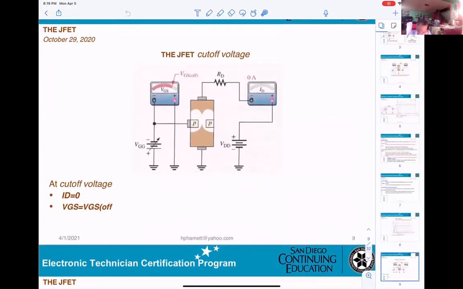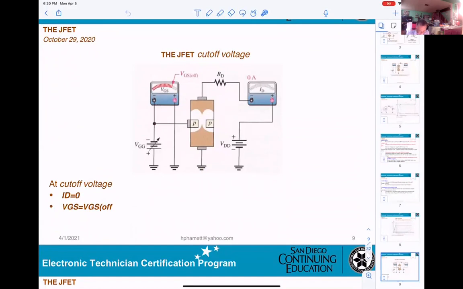Now, they try to show you the cutoff voltage. Okay, that means they measure the voltage at the gate in here. They say V at the cutoff. When they measure the current, the current ID will be 0.